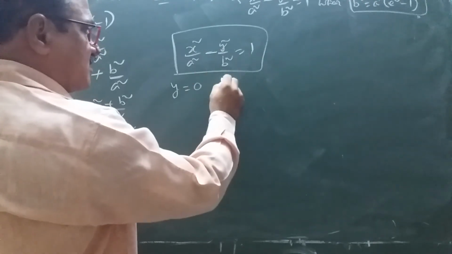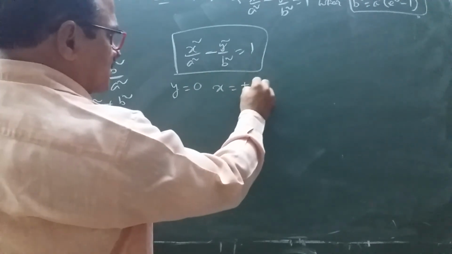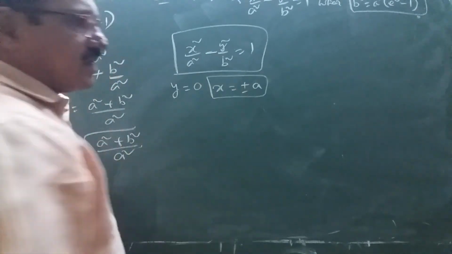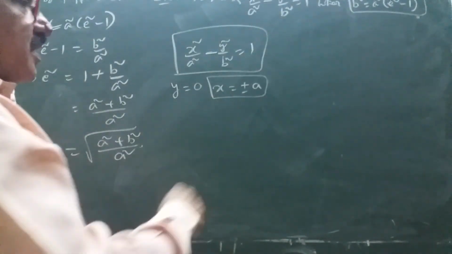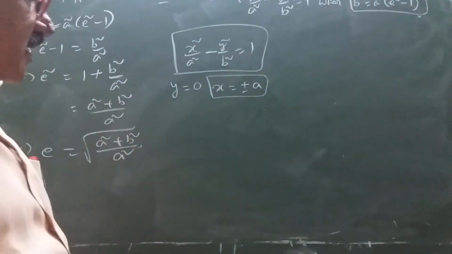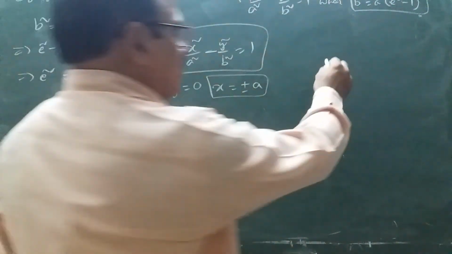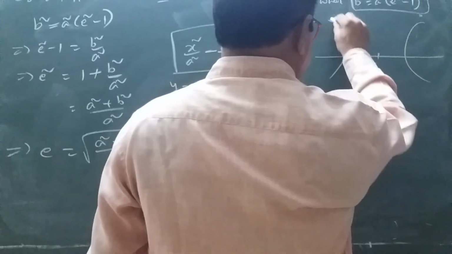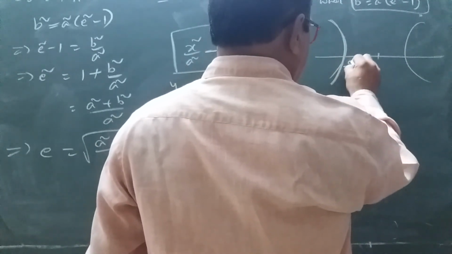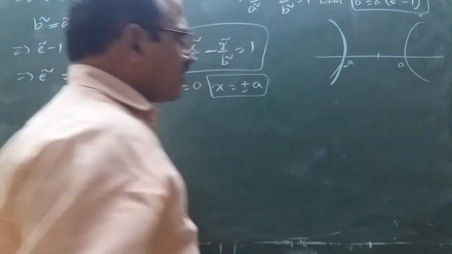That implies x square is equal to a square, x is equal to plus or minus a. That means this hyperbola intersects the x-axis at a and minus a. You see?